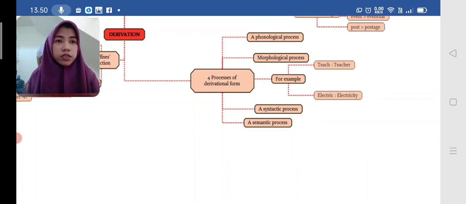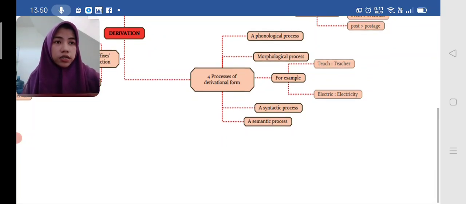The morphological process is adding the suffix -ity, and the syntactic process is changing an adjective to a noun, and the last, the semantic process, produces a word denoting a property.